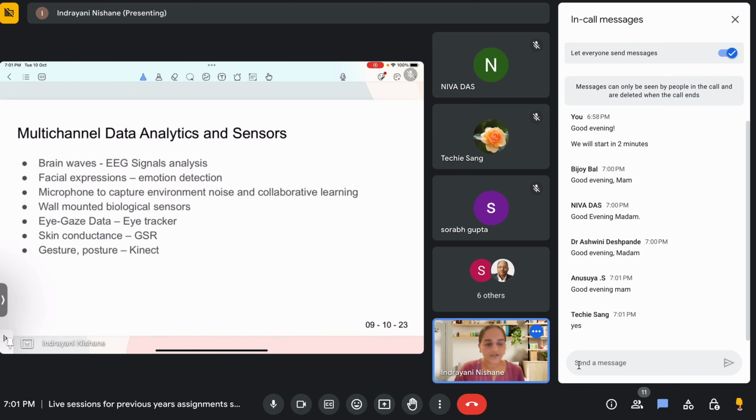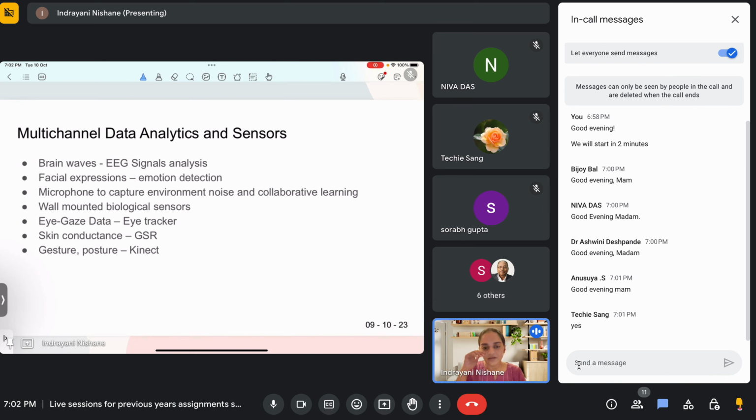So we'll continue with multimodal data. Multimodal is where we capture different modes of data collection. Many times that is also referred to as multi-channel, because it is captured through different sensors, and different sensors are focusing on different data.